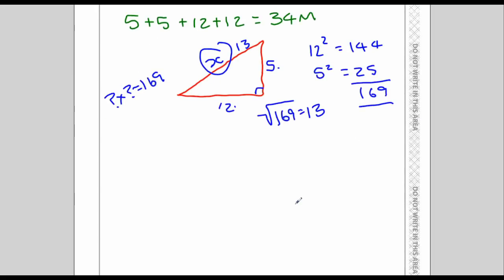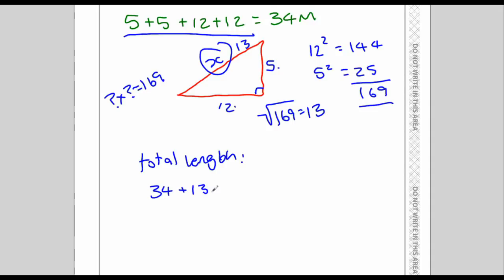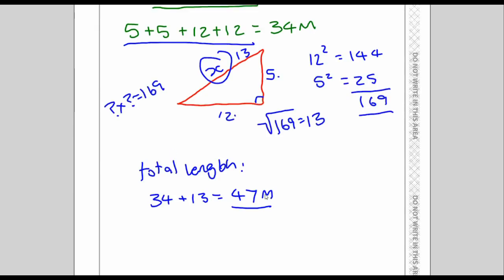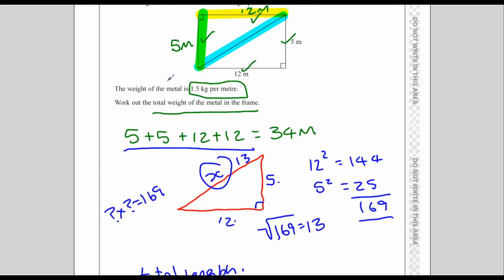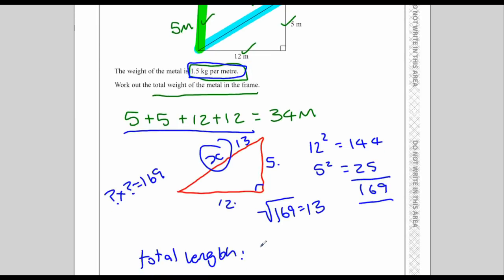Now, add that to the other lengths. So the total length is going to be 34 plus 13, which gives you 47 meters. Now let's look back at the question. The weight of the metal is 1.5 kilograms for every meter.